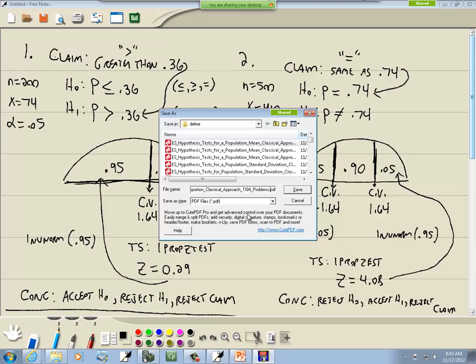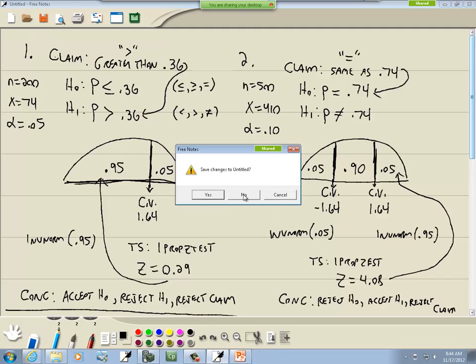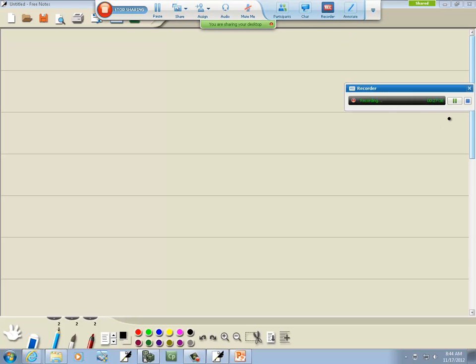Classical approach, TI-84, page 01. There we go. Okay, now let me stop the recorders.